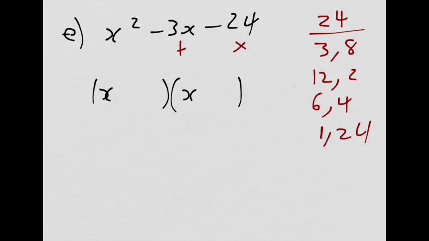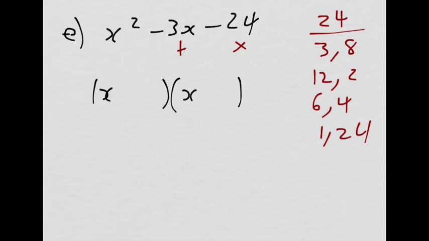Do I have to change the signs on any of these pairs? Probably, because I've got some negatives in here, right? So what would work? Let's see. 3 and 8. How would that work?